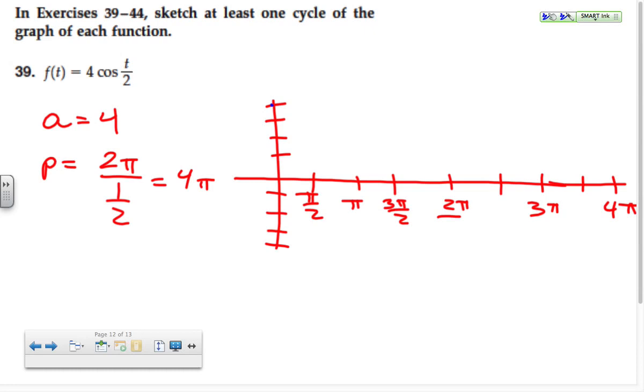And since we are now over a period of 4 pi instead of 2 pi, originally this would come down and intersect with, hold on, I lost my train of thought. Okay, let me clear everything.